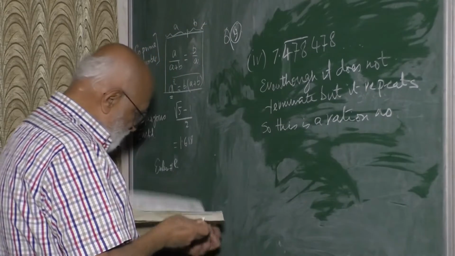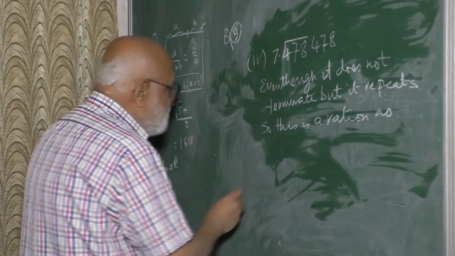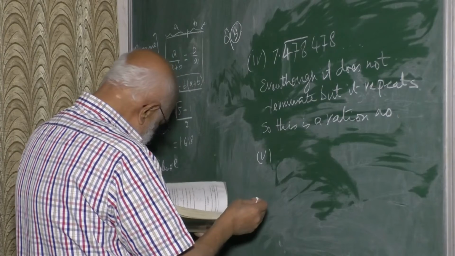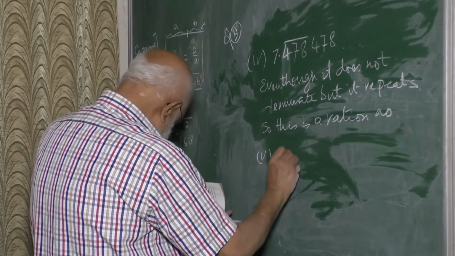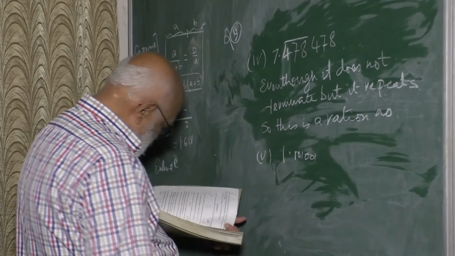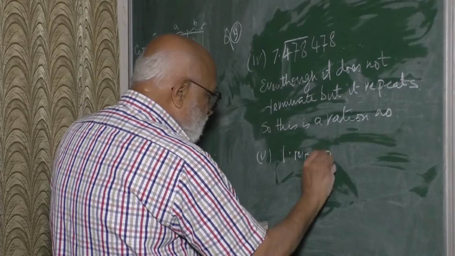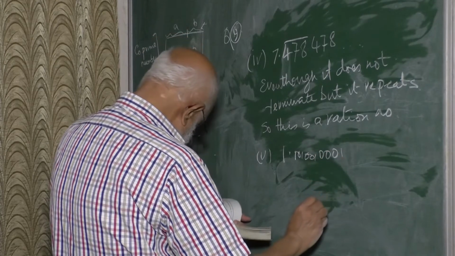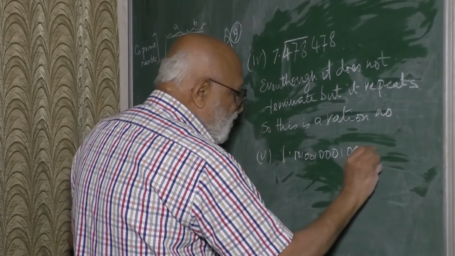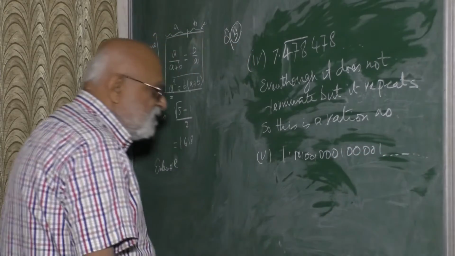Done? Acha, last one, that's the 5. What is that? The number is 1.101001, then 10001, again 1, 2, 3, 4, 1. So what is it?